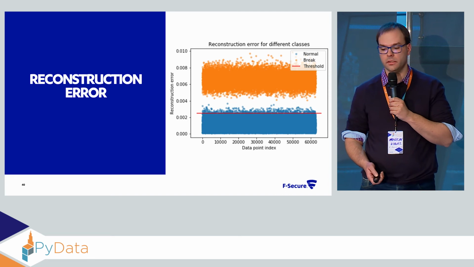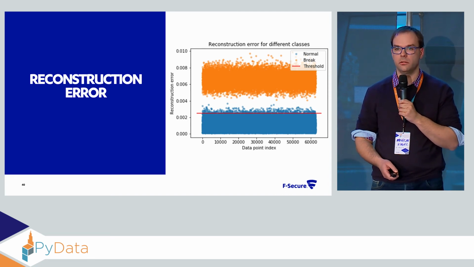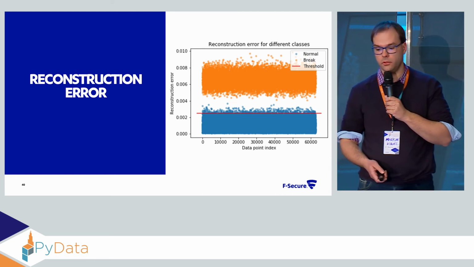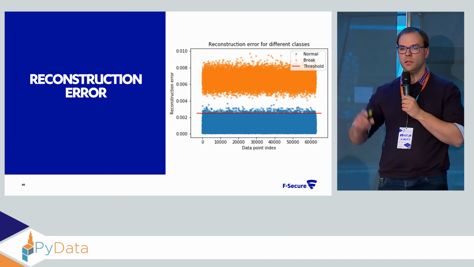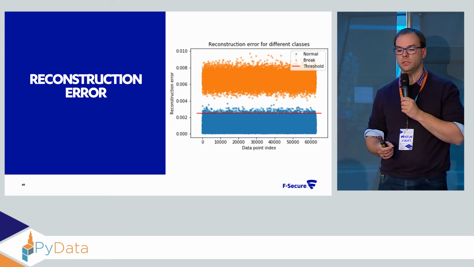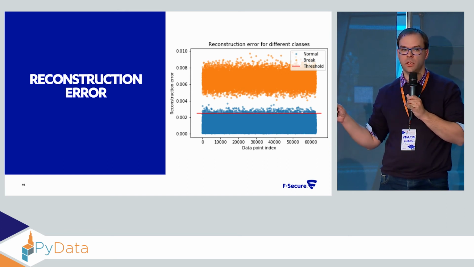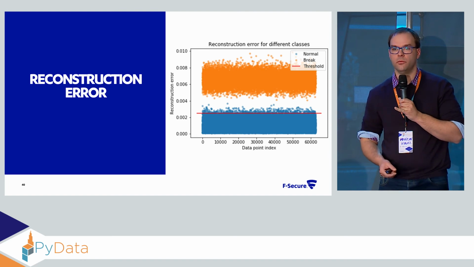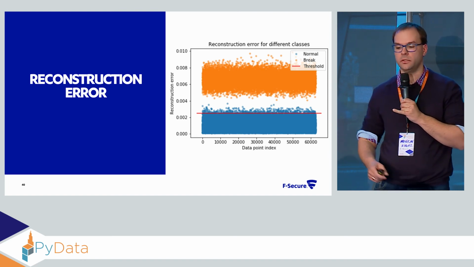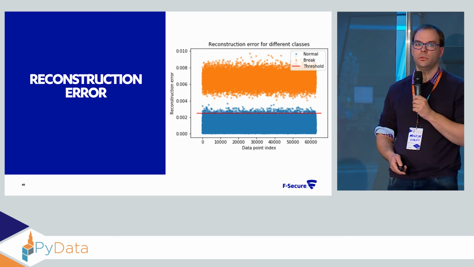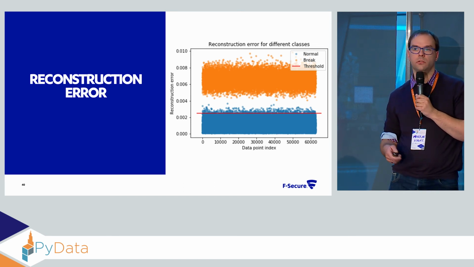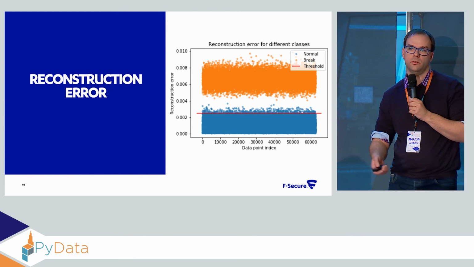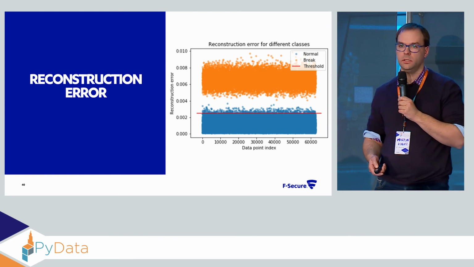So for the training set, the reconstruction error is below 0.004 in our case, so it's this blue class. But when we randomly shifted all the words in such a sequence of process creation chains, the reconstruction error was high. So we actually proved that this autoencoder could be used as some kind of anomaly detection.